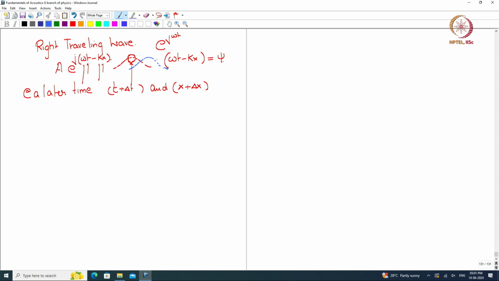At a later time it has moved to a later space, but this value should remain the same so that I get the same peak.